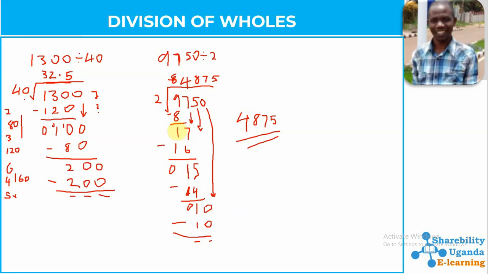After subtracting, if this figure is still very small, you bring this up to here, it becomes 17. You still divide it by 2, you multiply the answer, you still subtract, until you get the final answer as 0. So that will give you confirmation that you have solved the number.